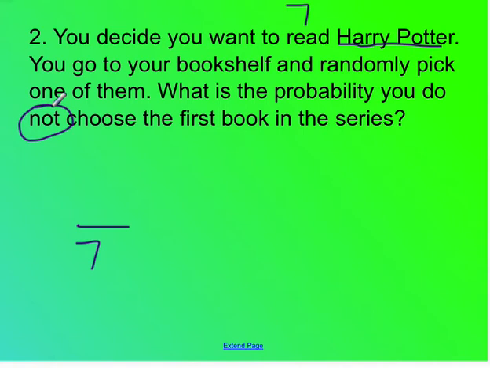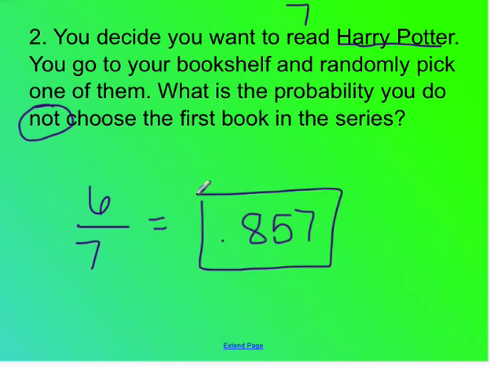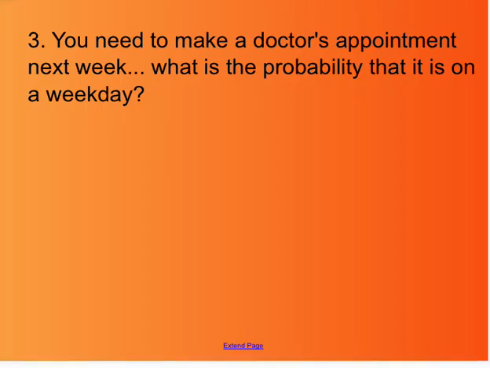That means that there are 6 other books that are not the first book in the series. So that means 6 out of the 7. 6 divided by 7 is 0.857. So there's about an 85.7% chance that you get one that's not the first book if you randomly select it.